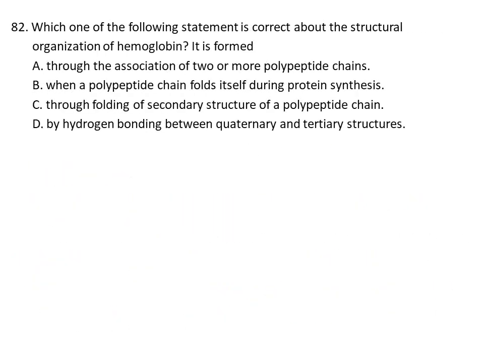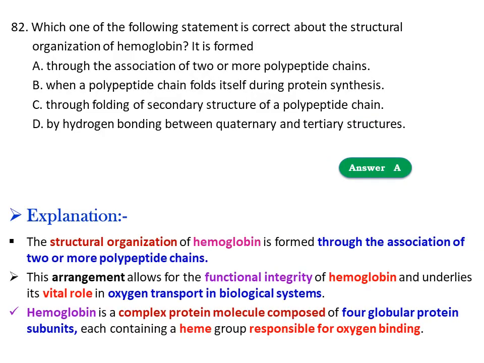Question number 82. Which of the following statements is correct about the structural organization of hemoglobin? So that should be A, it is formed through association of two or more polypeptide chains.